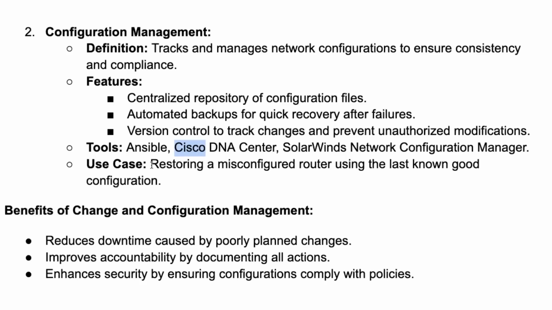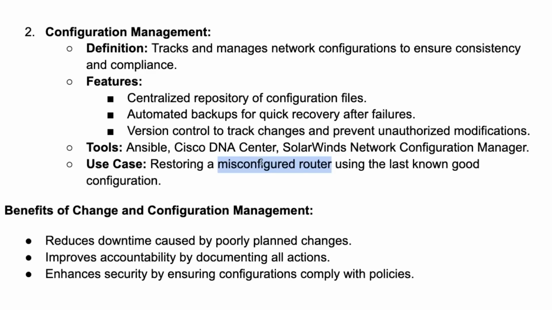So the use case would be restoring a misconfigured router using the last known good configuration. You have the centralized repository of your configuration files. The last configuration file that you had that worked perfectly, you would use that one to restore the new router because it's not working.